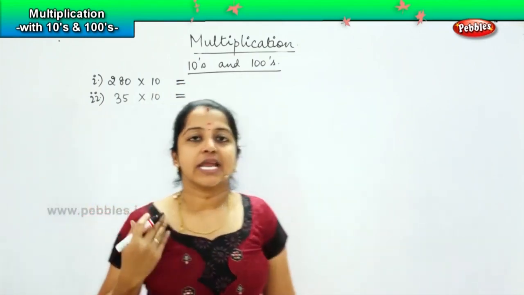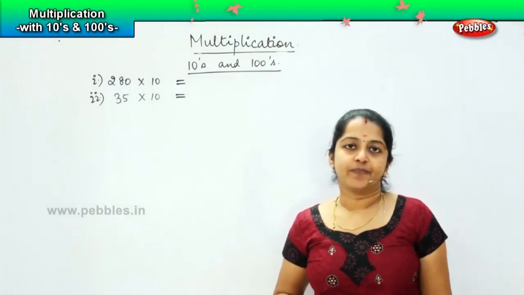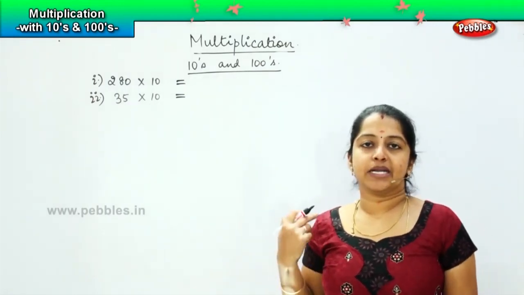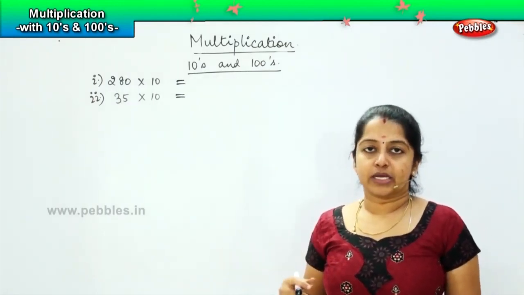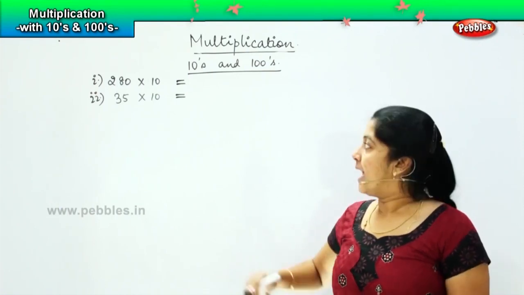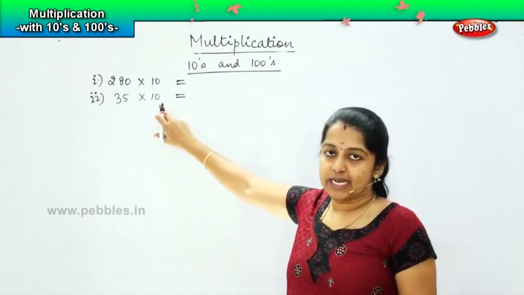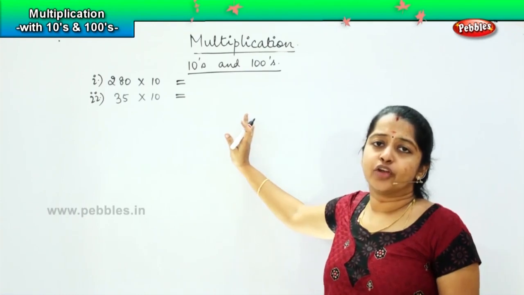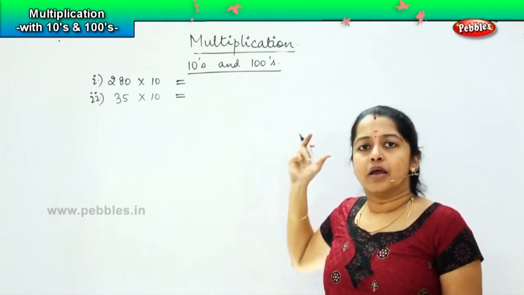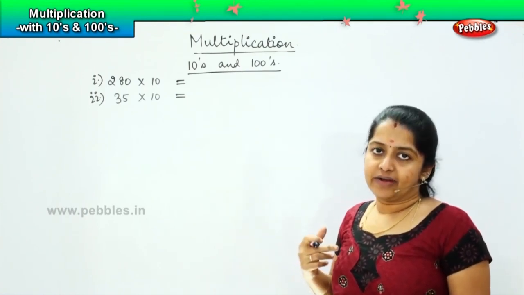The reason is that in our properties of multiplication, we have learned that anything multiplied by 0 will give you an answer 0, right? And since 0 is there towards the end, it is easy for you to put the 0 after the product.